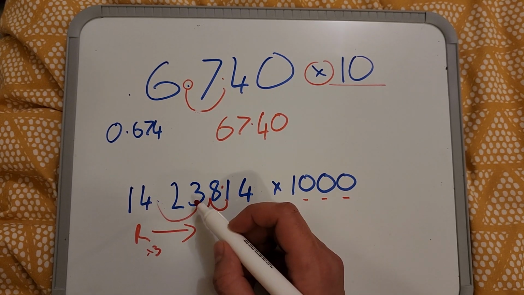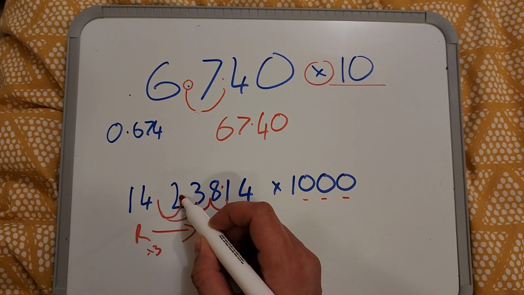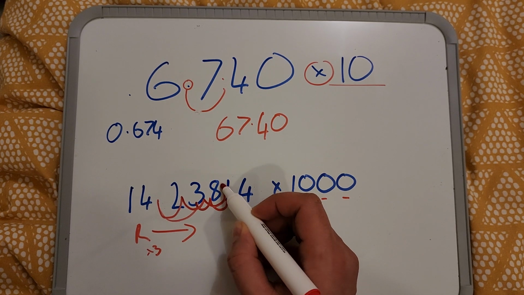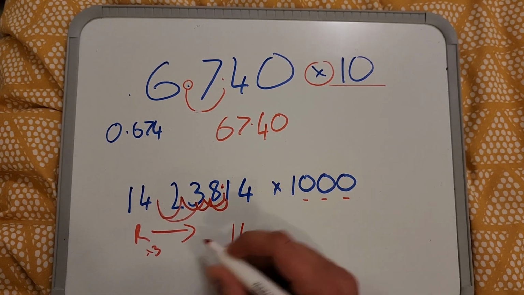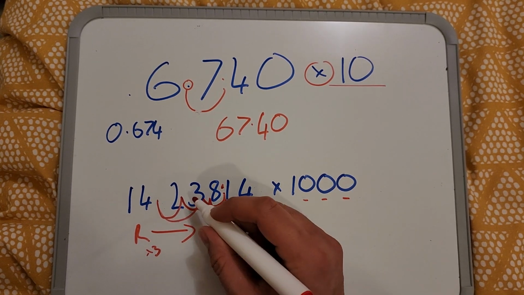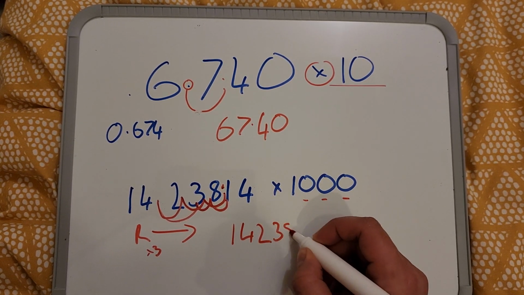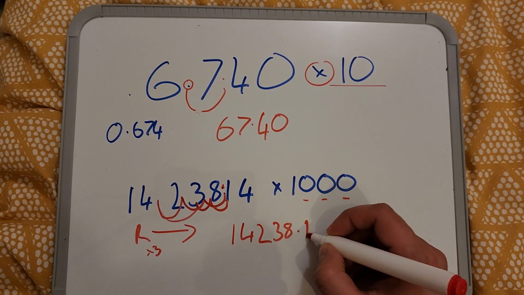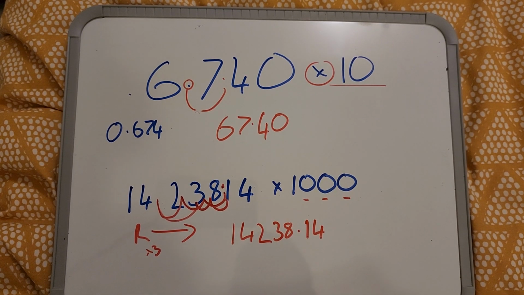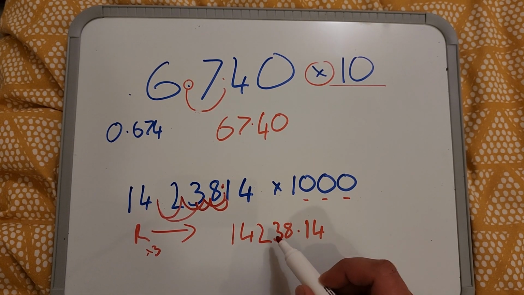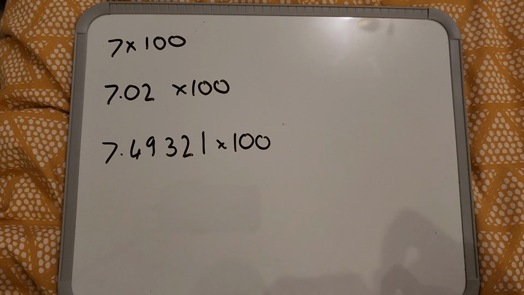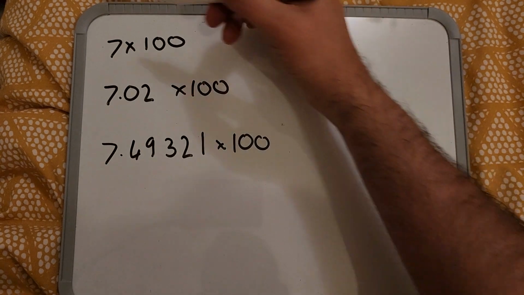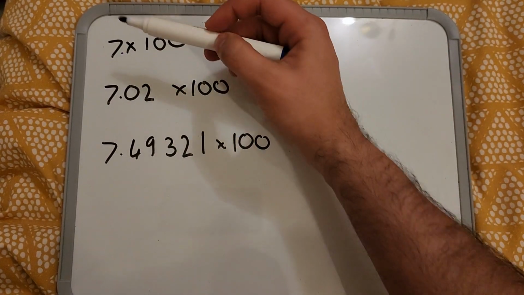Okay, there we go. So that is going to give us 1, 4, 2, 3, 8, followed by the decimal place and 1, 4. That's 14238.14.